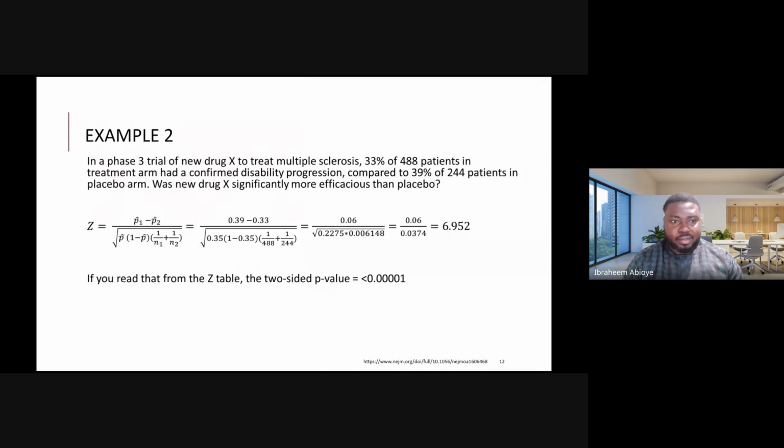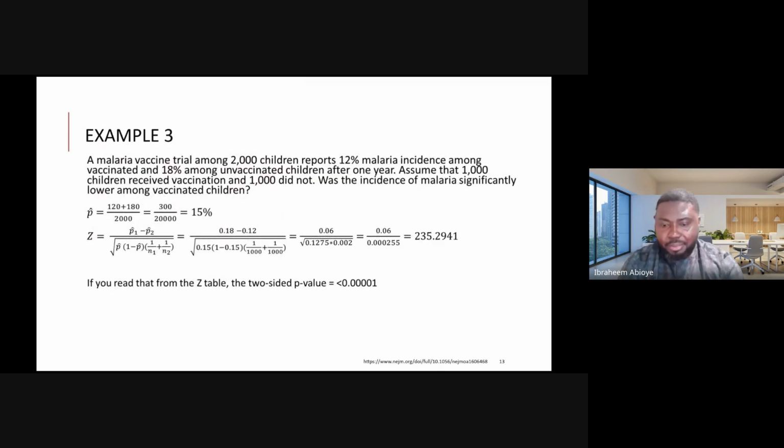Okay, excellent. And this is another example. A malaria vaccine trial among 2,000 children reports 12% malaria incidence among the vaccinated, 18% among the unvaccinated after 1 year. Assume that 1,000 children received vaccination, 1,000 did not, which is not a surprising design in a trial. Was the incidence of malaria significantly lower among vaccinated children?